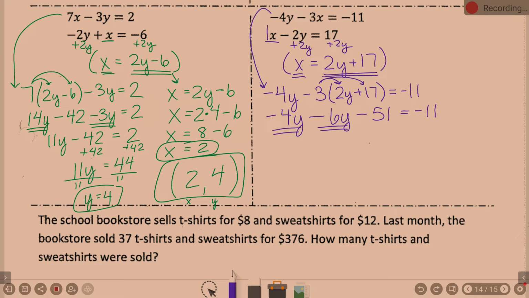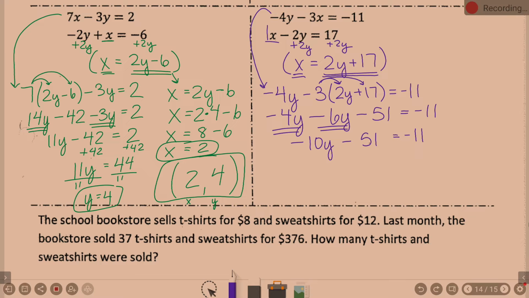What is negative 4 minus 6? Negative 10. So negative 10y minus 51 equals negative 11.